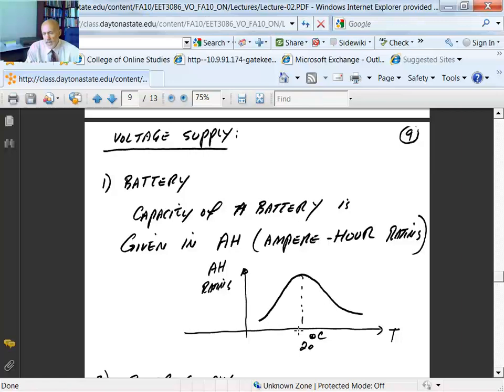It will be maximum at room temperature, so if you really want your battery to have maximum capacity, which consequently will make it last a little bit longer, store it at 20 degrees Celsius. That's 68 degrees Fahrenheit. Below that, it will lose energy.